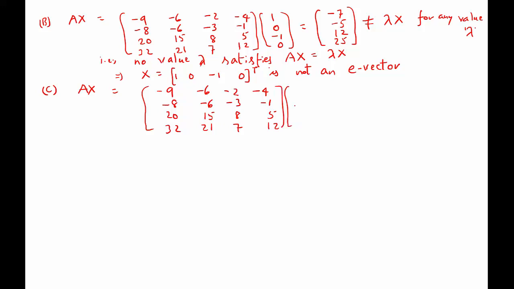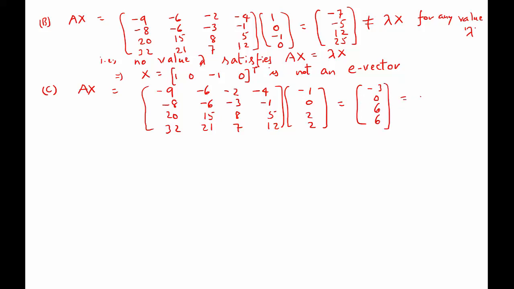Now x, column vector, minus 1, 0, 2, 2. So this simplifies by matrix multiplication. First row into column, plus 9, 0, minus 4, minus 8, simplifies to minus 3. Second row into this column simplifies to 0. Third row into this column simplifies to 6. Fourth row into this column simplifies to 6.